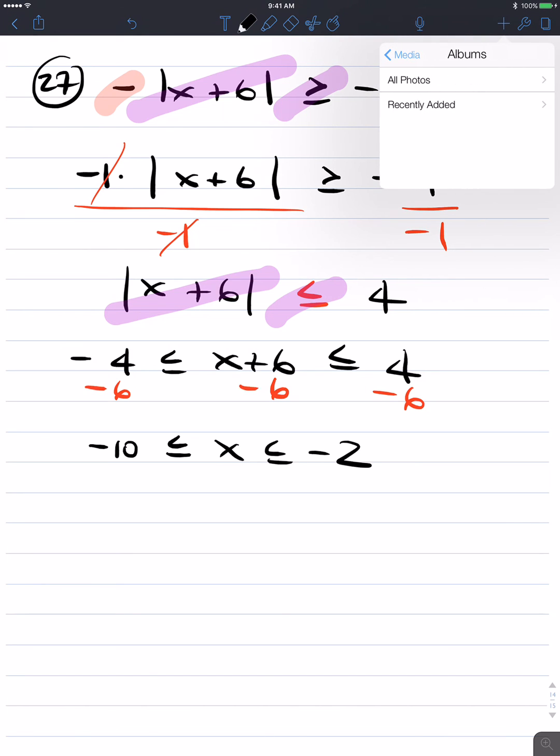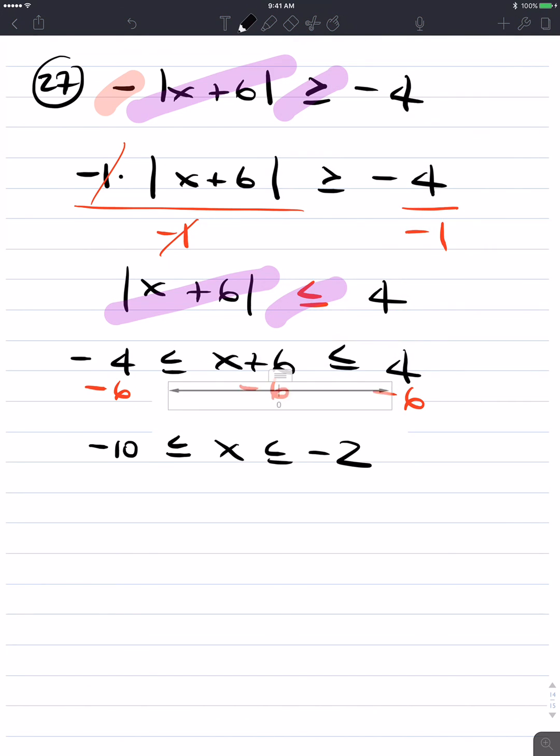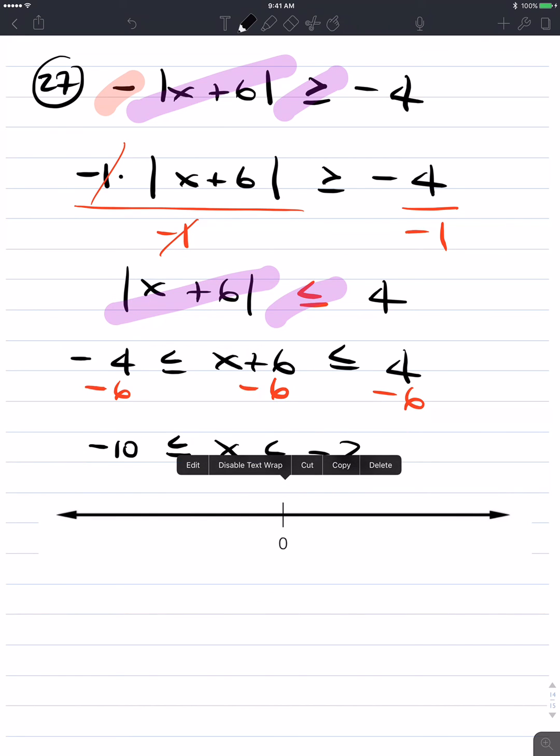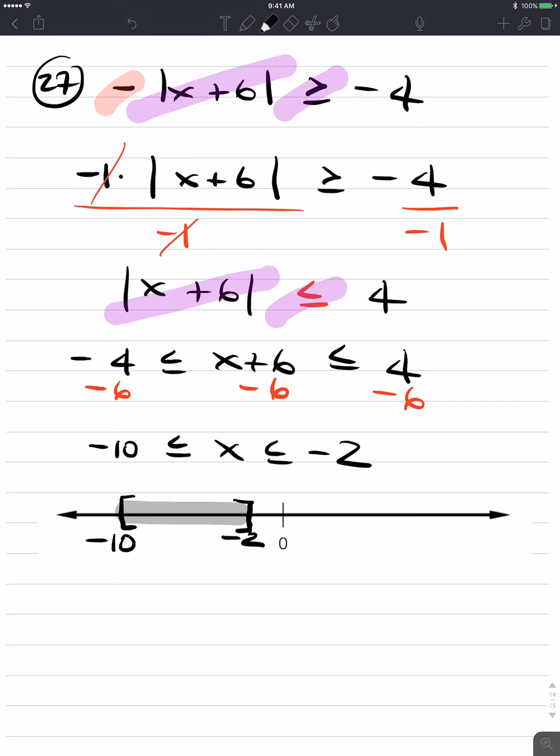We're going to graph. Negative 2 is to the left of 0, and negative 10 is further to the left of 0. We have to describe numbers that are between negative 10 and negative 2. It's not a strict inequality, we have less than or equal, conditions of equality.